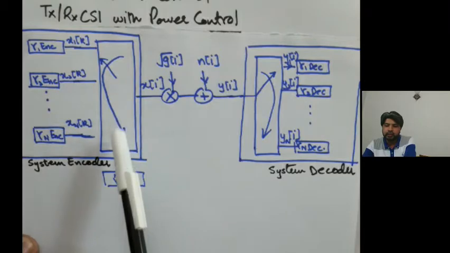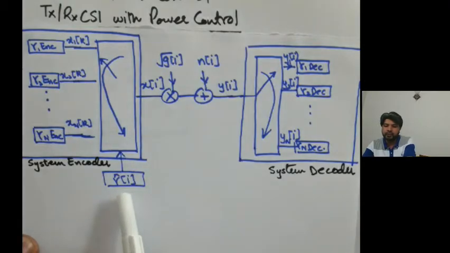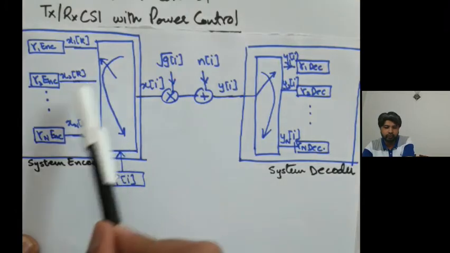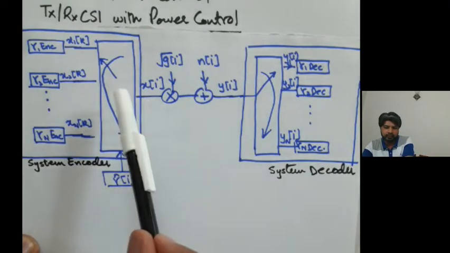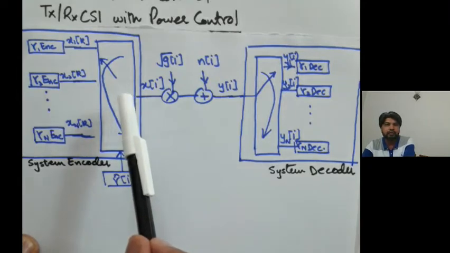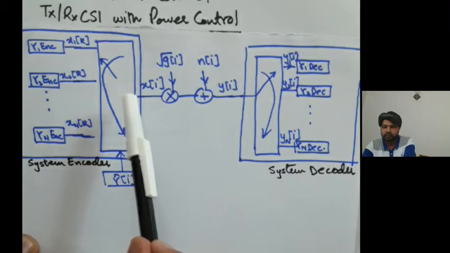And then depending upon what the estimate of the current state is, one of the encoders would be hooked onto the transmitting side. And in addition to that, there would be some power control that would be carried out.